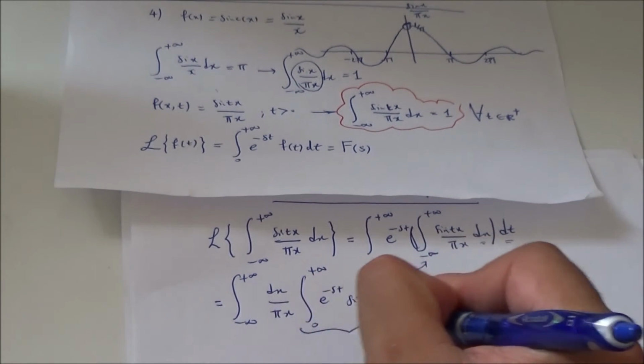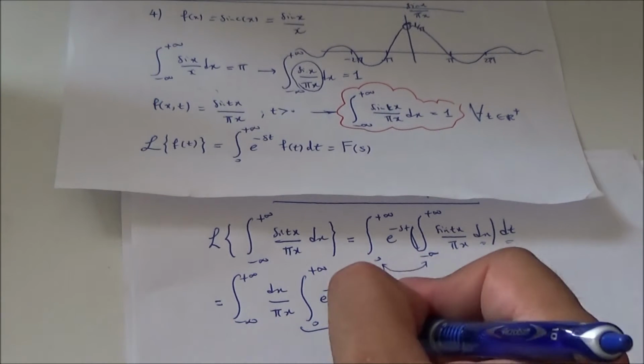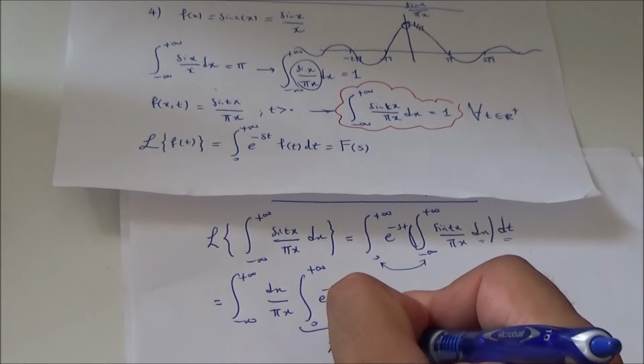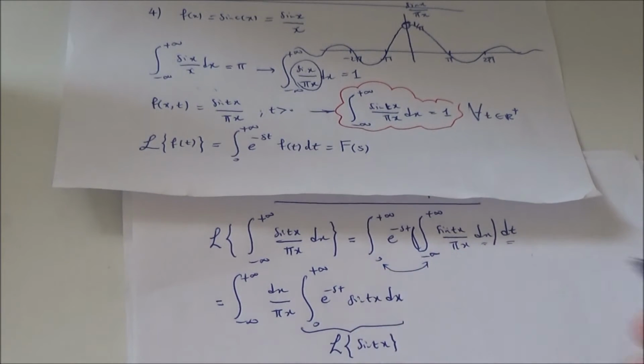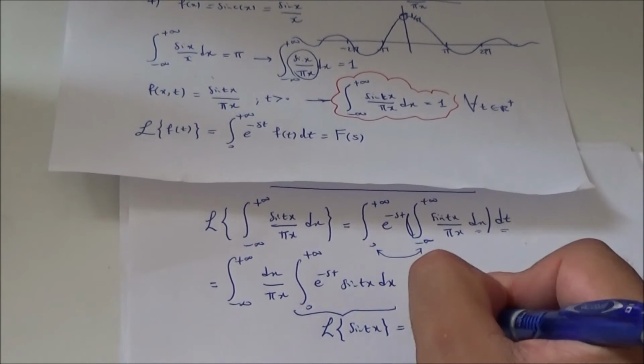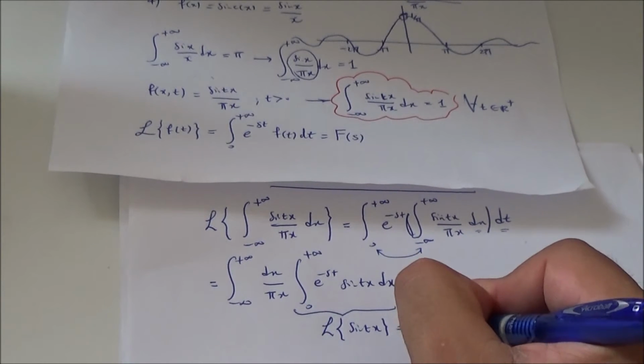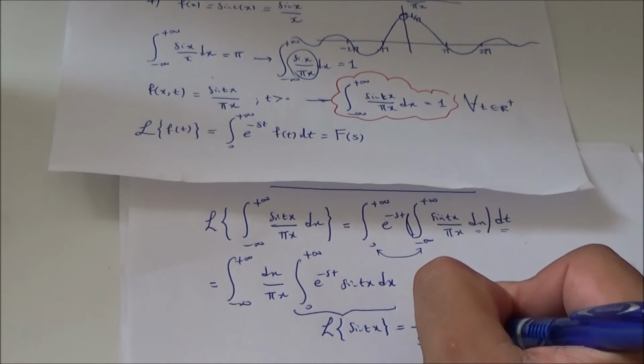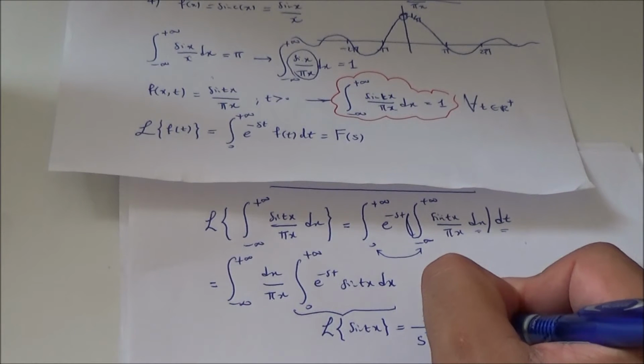And as you see, this is exactly the Laplace transform of the function sine of tx. And we know that the result is x over s squared plus x squared.